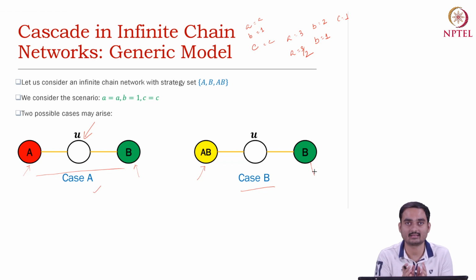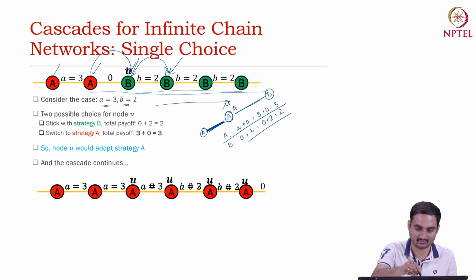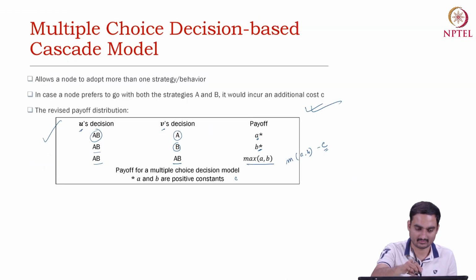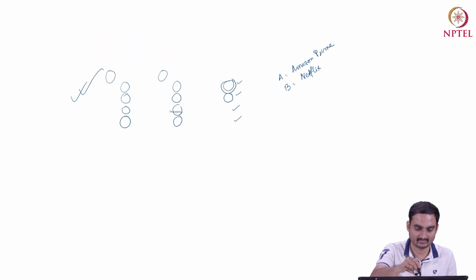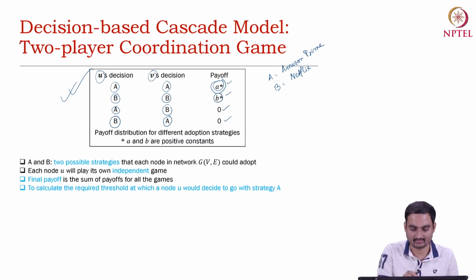I am assuming that you have understood the previous lecture and memorized the payoff table. A quick recap in case you have forgotten. For single strategy, if both parties have adopted the same strategy, then the payoff would be the corresponding payoff. If both adopted A, this would be the A payoff, and if B then B. If they have adopted different strategies, then 0.